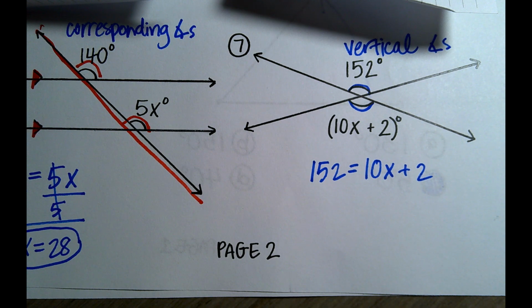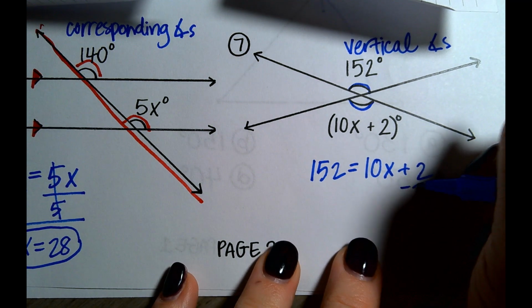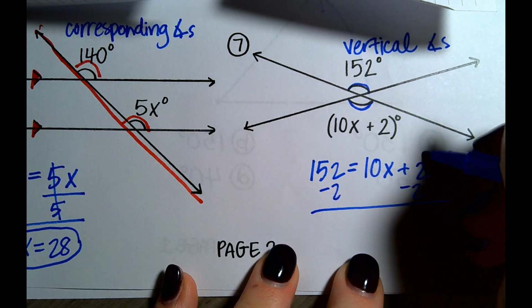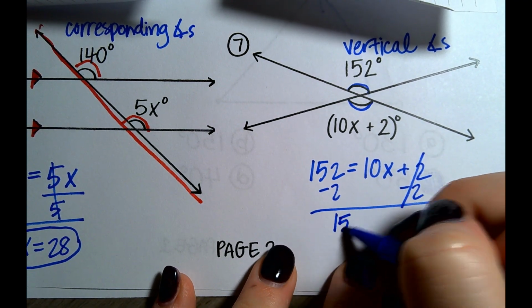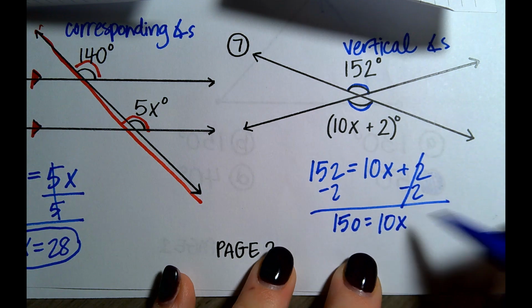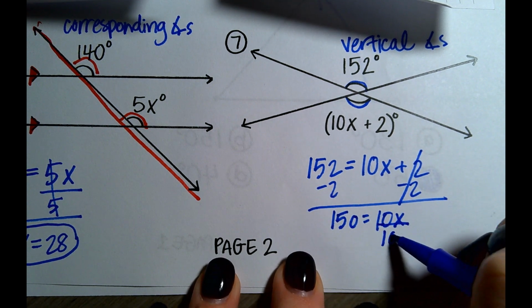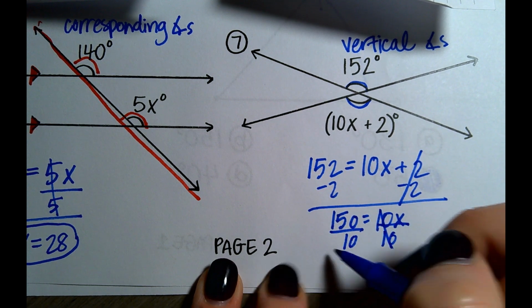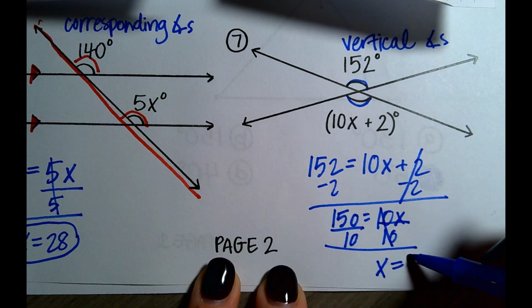How do I solve it? Subtract 2 from both sides. Good. 150 equals 10x. Perfect. Divide by 10. Good. X equals 15.